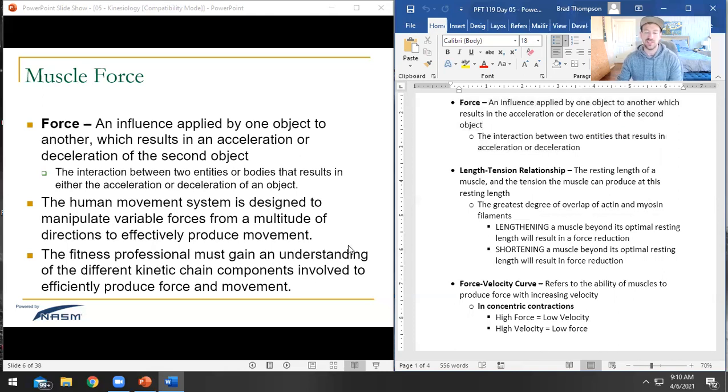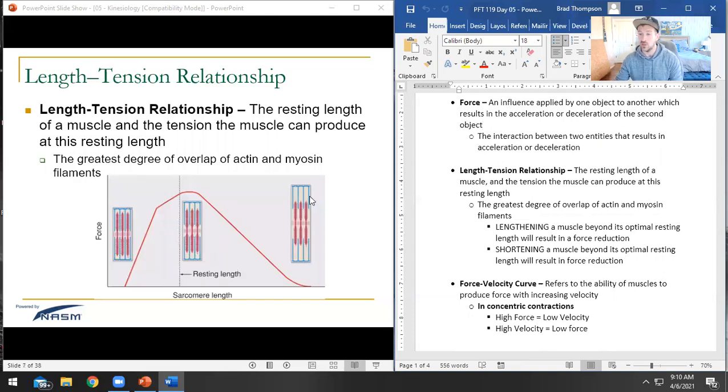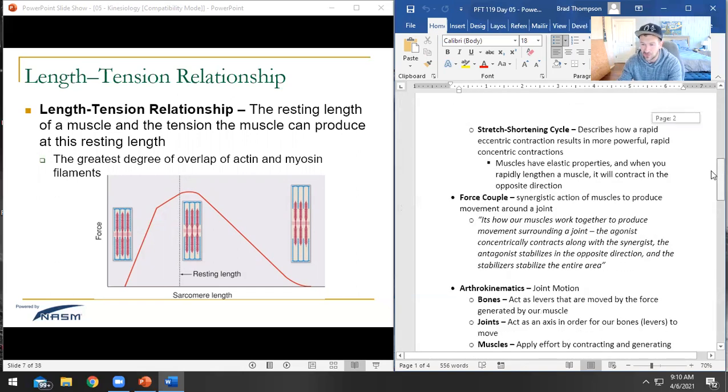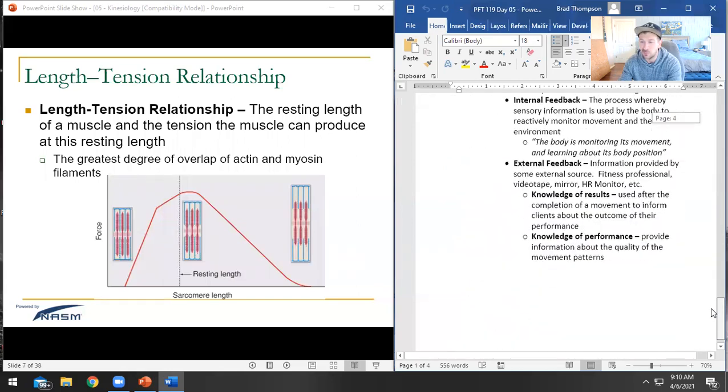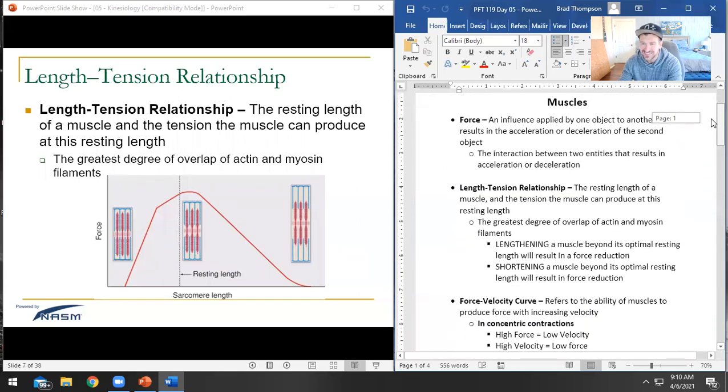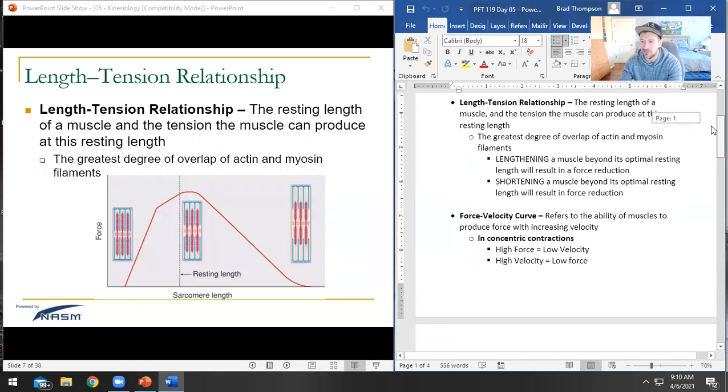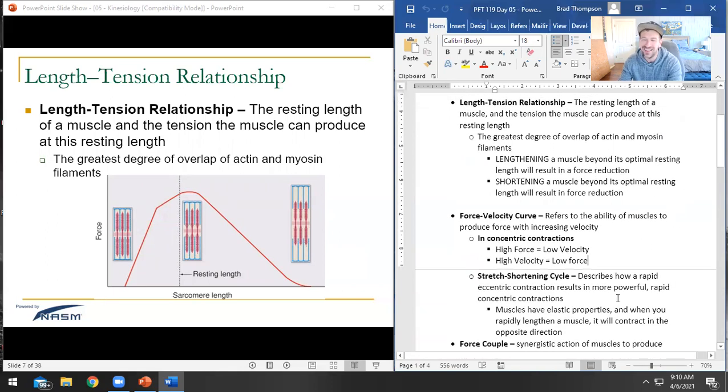So your human movement system is designed to manipulate forces in a lot of different ways. And so we need to have a pretty good understanding of how the different parts of the kinetic chain are working to produce this force. One of the most important things, honestly, the most important definition of the day, and it's like picking your favorite child, which you should never do.